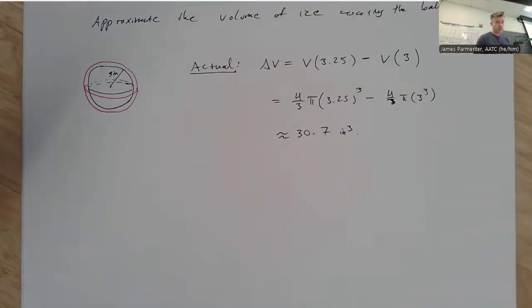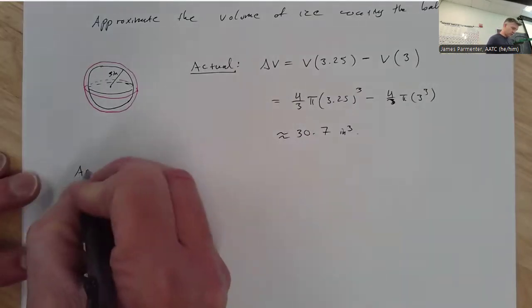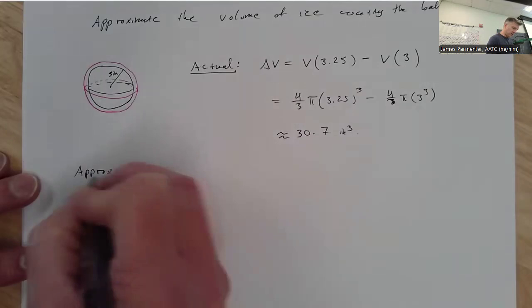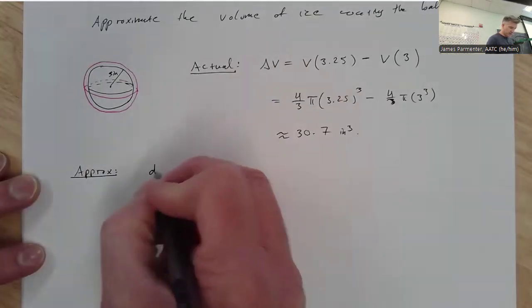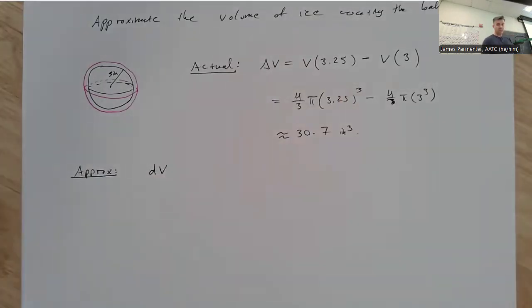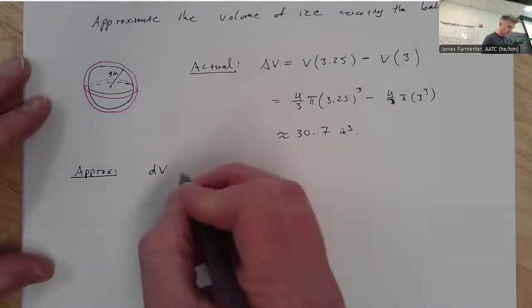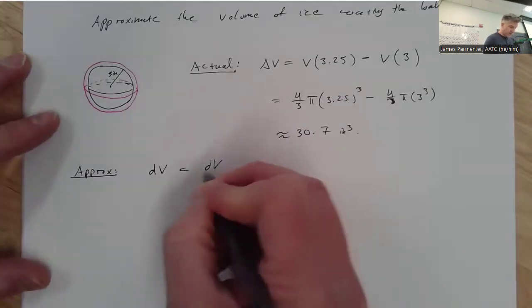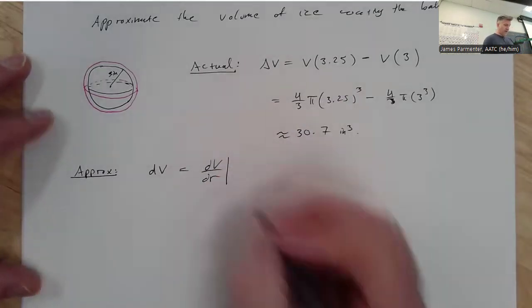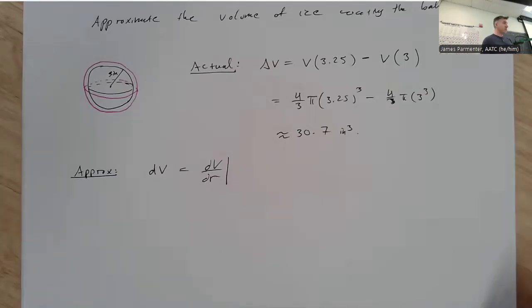Or we could approximate the volume change. So our approximation is going to be, instead of delta V, dV. And it's going to be just like we did before. It's going to be the derivative multiplied by our delta R in this case, right? How much the input's changing by. So it's going to be our dV dr evaluated at the nicer value.